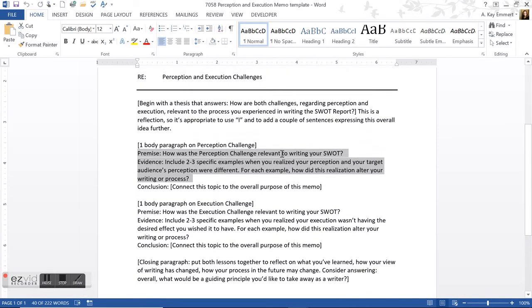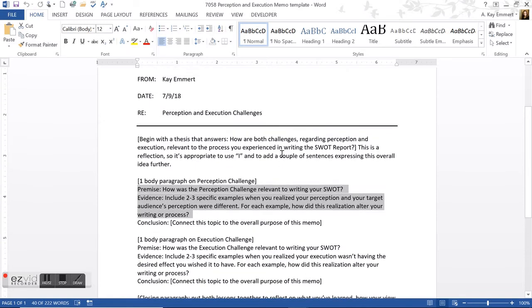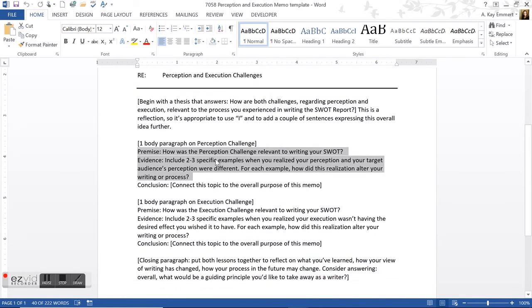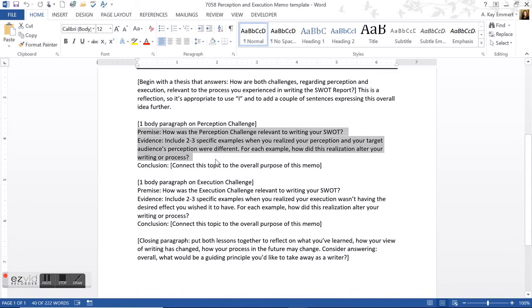And so if you haven't caught on yet, the purpose of all these writing about writing assignments is to give you a space to think about your own writing process, how you view writing, and to see how you can evolve your writing process and your understanding of writing.